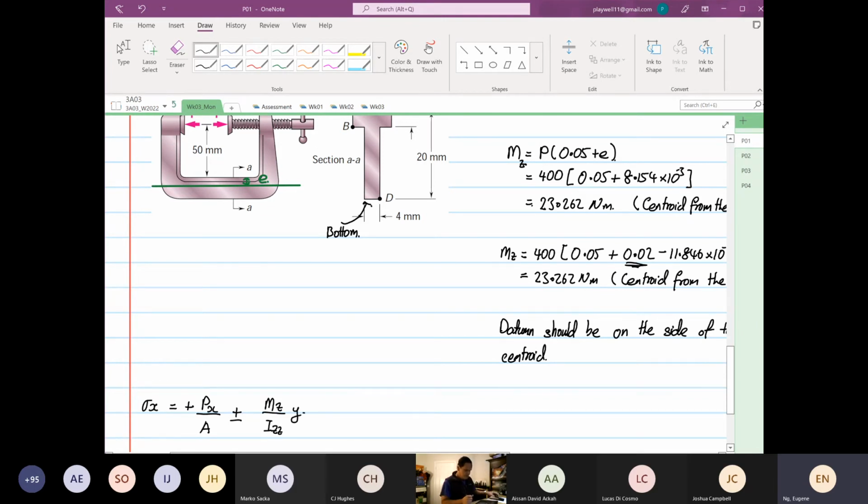We have calculated Mz, which is equal to 23.262.